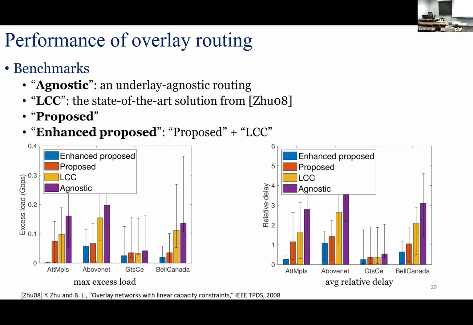If you just do underlay-agnostic route optimization within the overlay, treating the tunnels as really independent links, this is the actual delay you get because of the congestion through the shared links. And once you introduce some awareness of the link sharing within the underlay, you get performance improvement, actually quite notably.